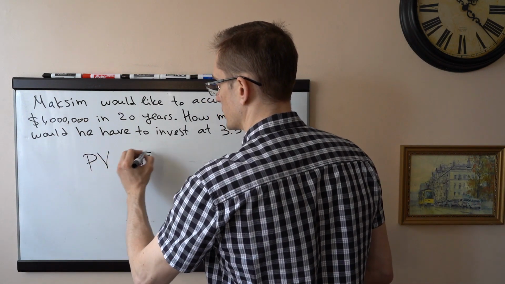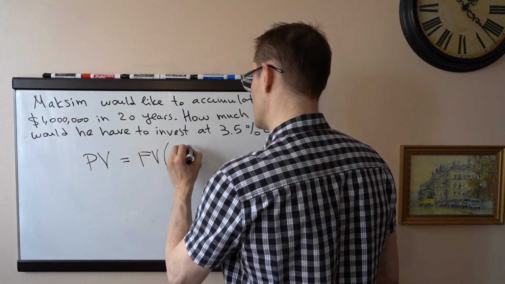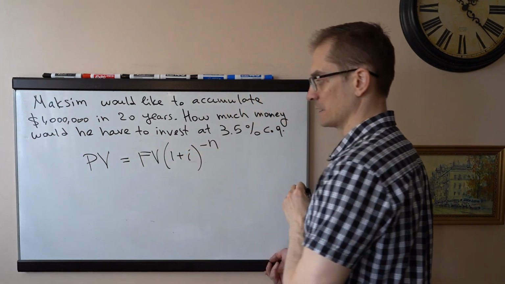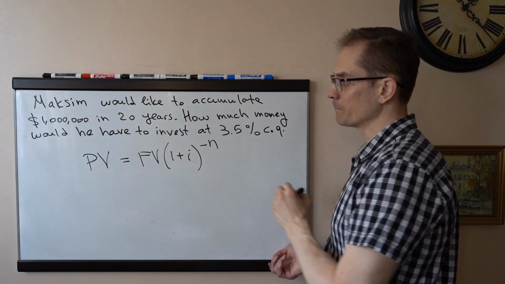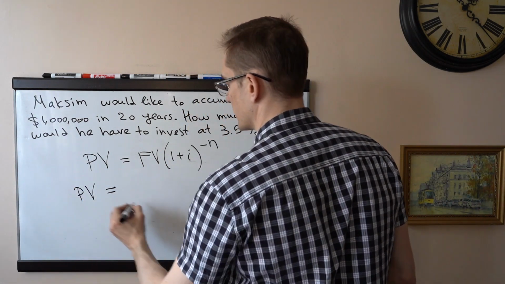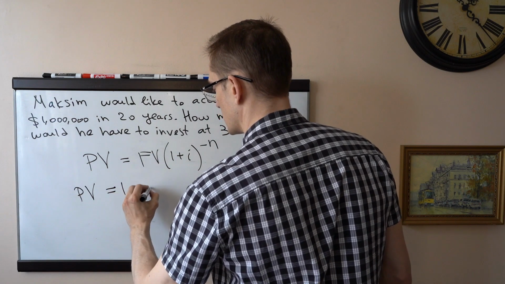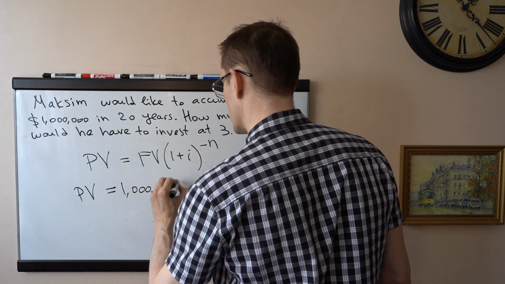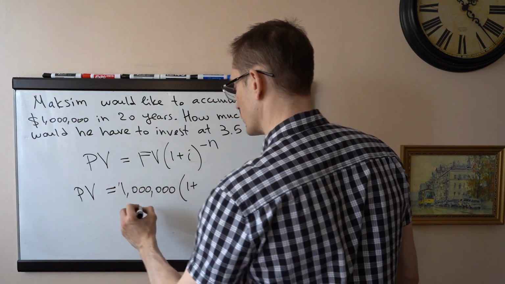And present value is future value times (1 plus i) to the power of minus n, where minus n is your exponent. Okay? I think that is a pretty straightforward solution now, after you understand how this all works.